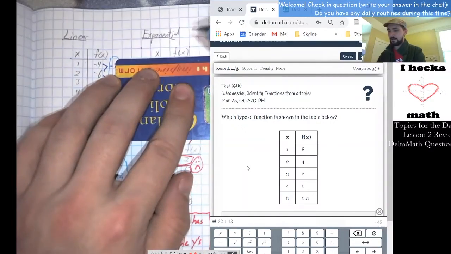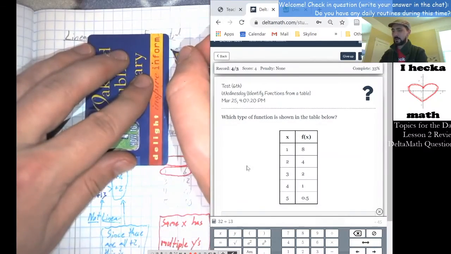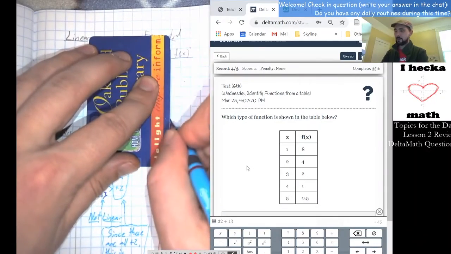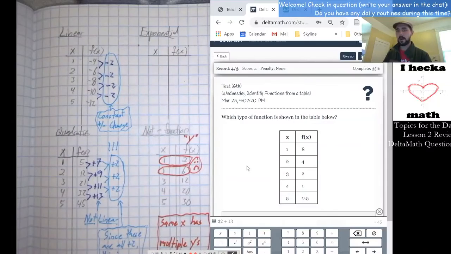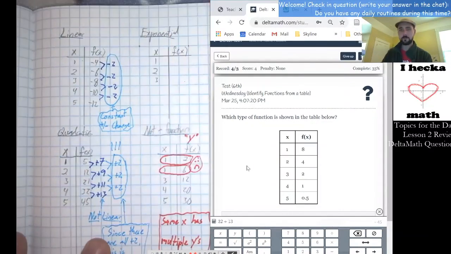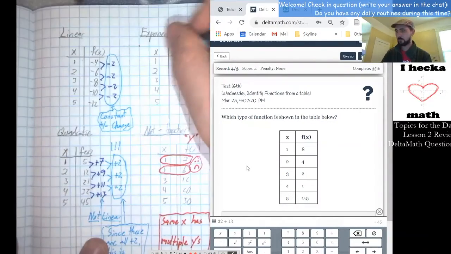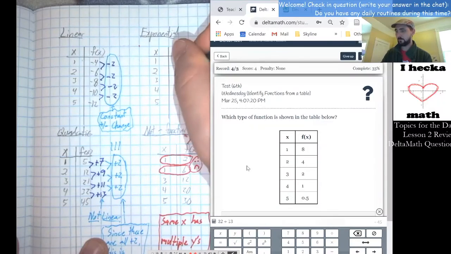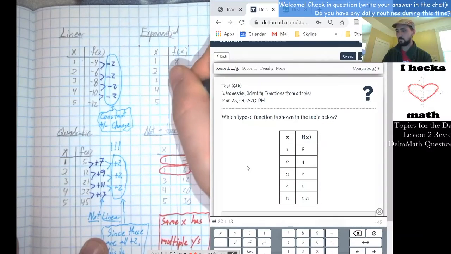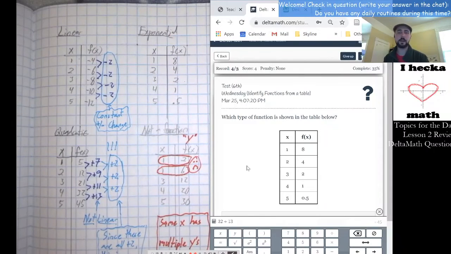And again, if you can, I would say pause the video and see if you can figure out why this is exponential or how you would explain it before I do. 8, 4, 2, 1, 0.5. Okay, so if you pause the video, welcome back.